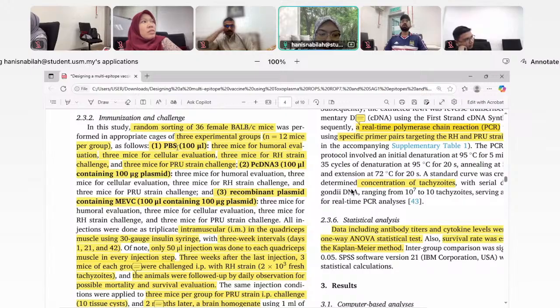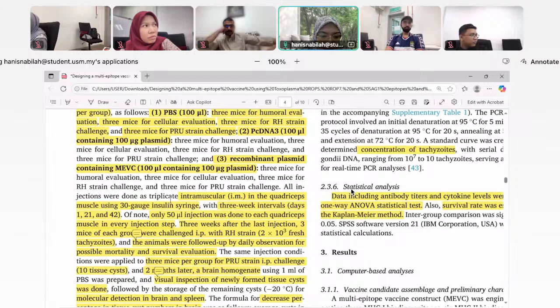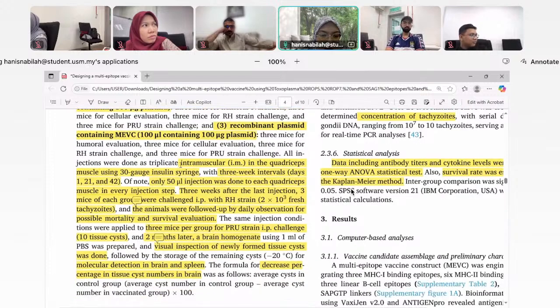The volume for these three groups is 100 microliter. For the empty plasmid and for the recombinant plasmid, they have 100 microgram plasmid for each. And then this vaccine is injected intramuscularly.